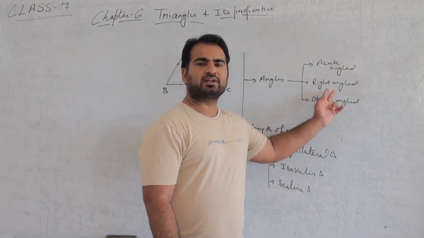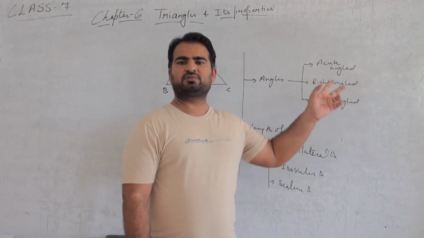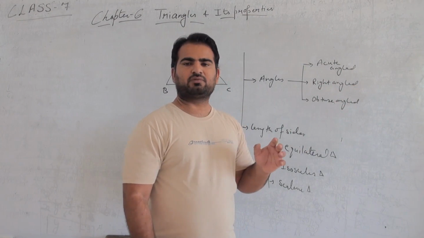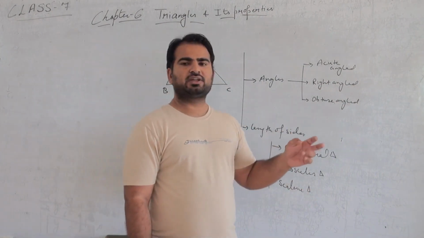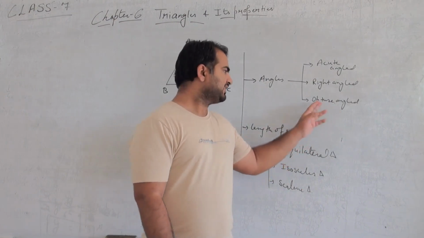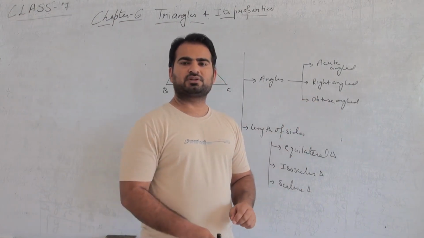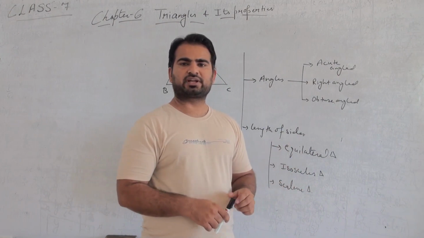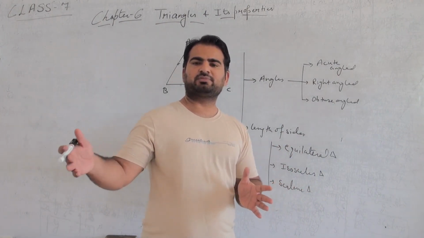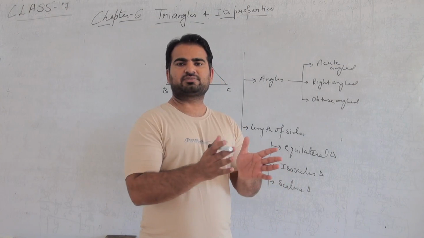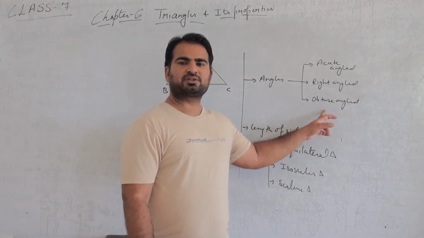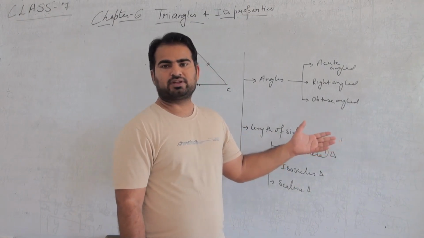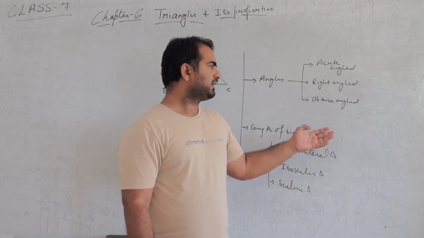If there are two right angles, their sum becomes 180, so what would the third angle be? We cannot have a third angle. Same, if two angles are obtuse, the minimum sum becomes 180 point something, which is more than 180, so we cannot have the third angle.